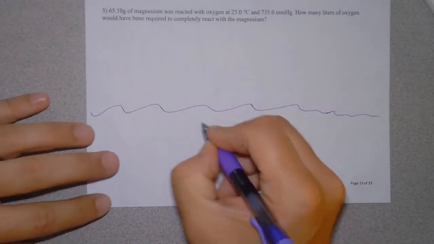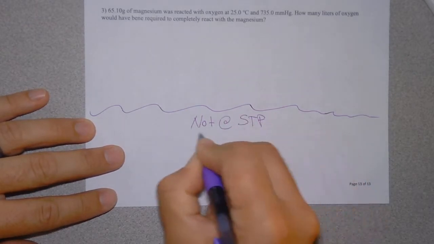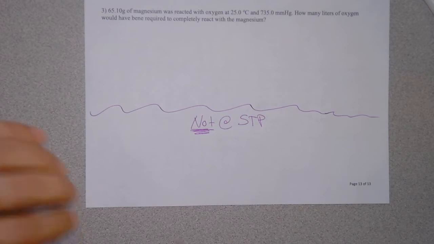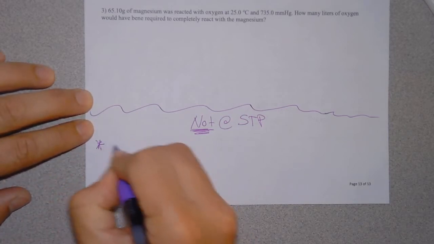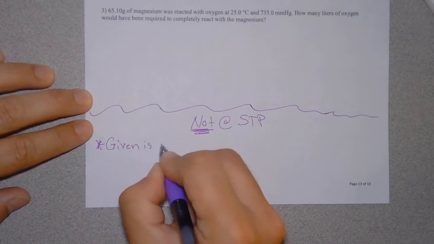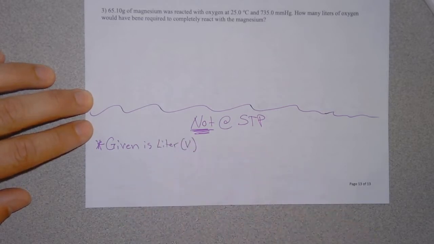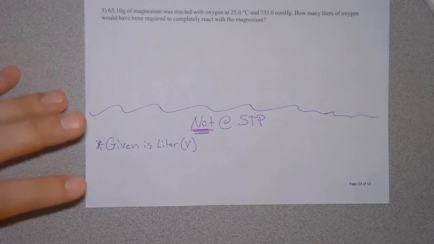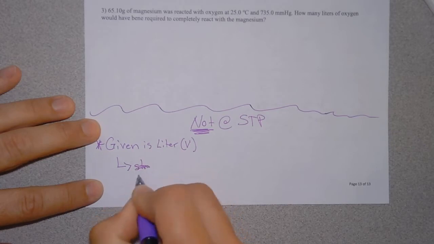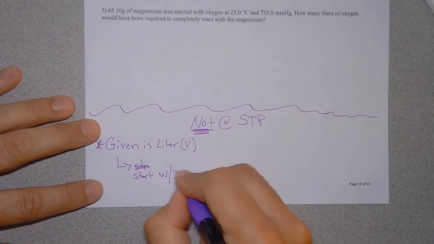Here's what you need to write down. So when we are not at STP, if your given is your liters, or technically volume, because you might be given milliliters, and that's the same thing, then you should start with your ideal gas law.